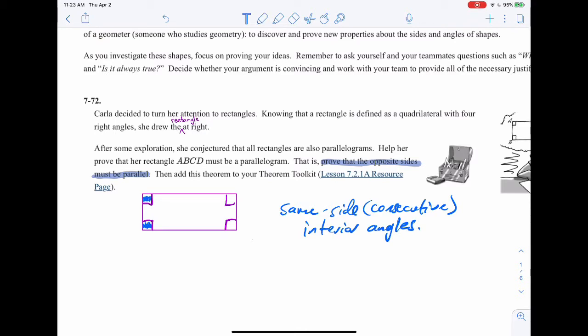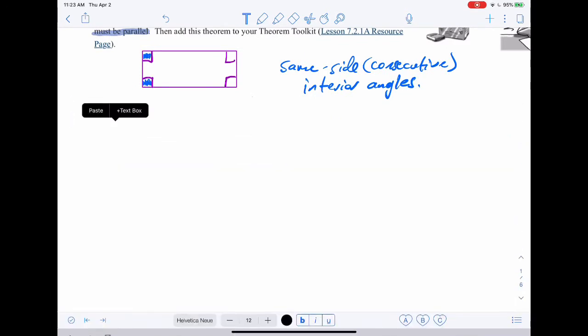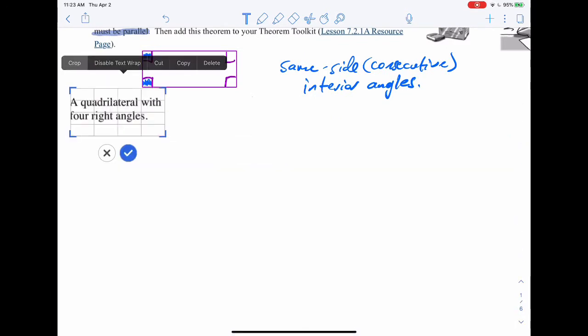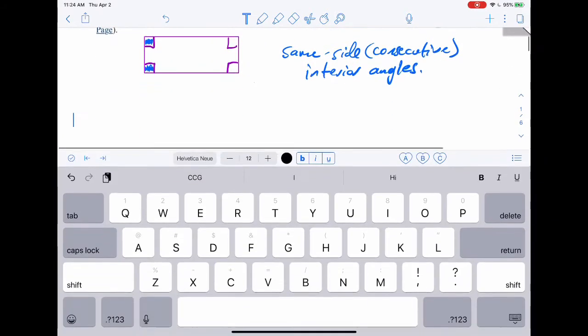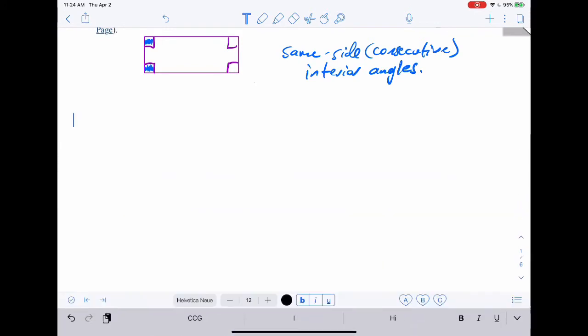Now, what must they be in order to make the lines parallel? So, see if you can fill in the blank of this statement.